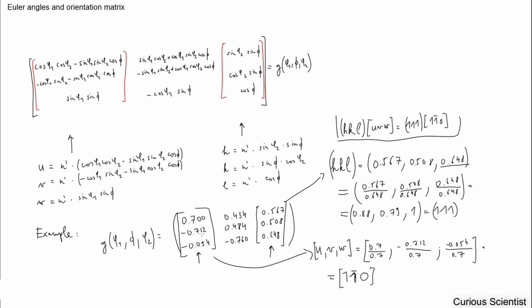In the next video I'm going to show you how you can get the Schmidt vector in a real case by using the Euler angles and then calculating the G matrix based on the Euler angles, and how you can use that to represent the external stress as a resolved stress, and how we can calculate the Schmidt vector.